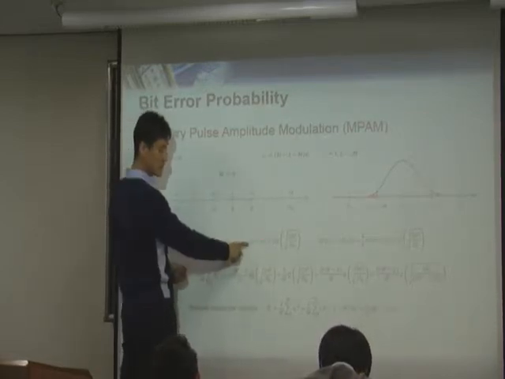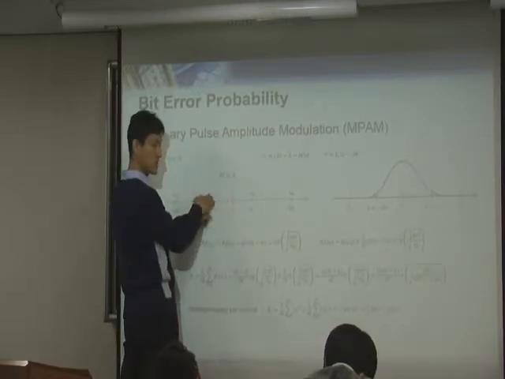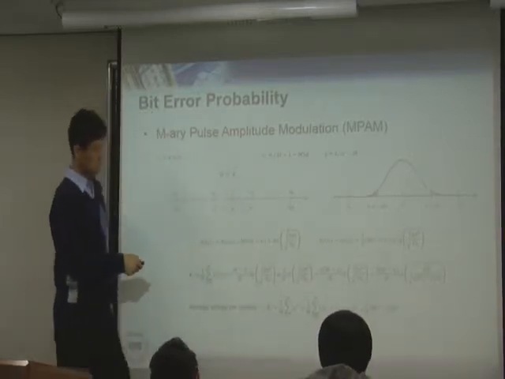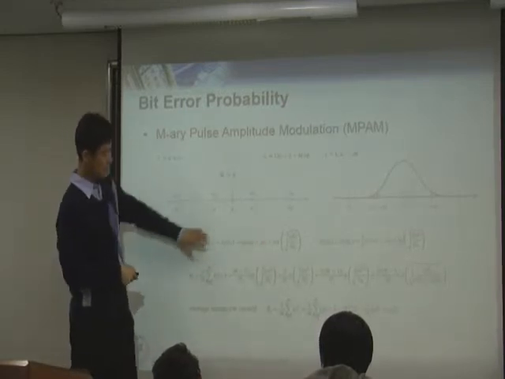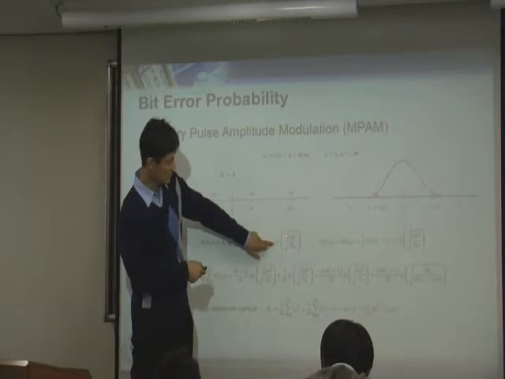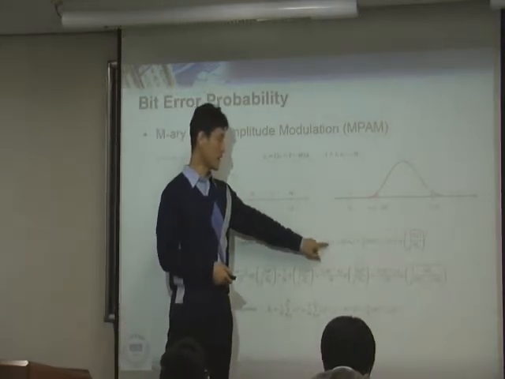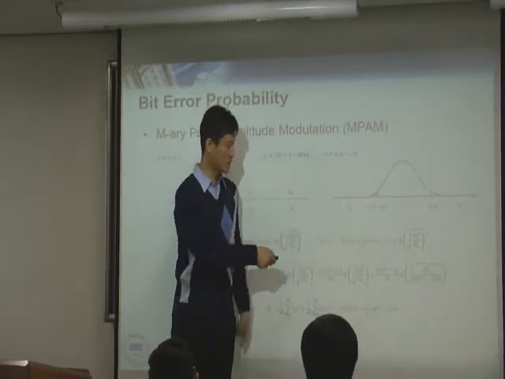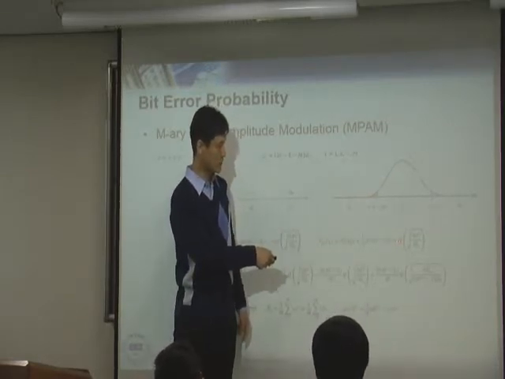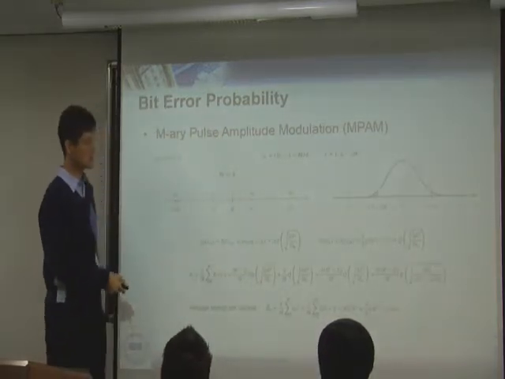If the noise amplitude is smaller than D, that means you are somewhere inside, right? And the probability of such error case is like 2 times of this error. Whereas error probability of S1 and S4, you have only 1. Okay, it's not 2. Only 1, because there is only 1 error case.